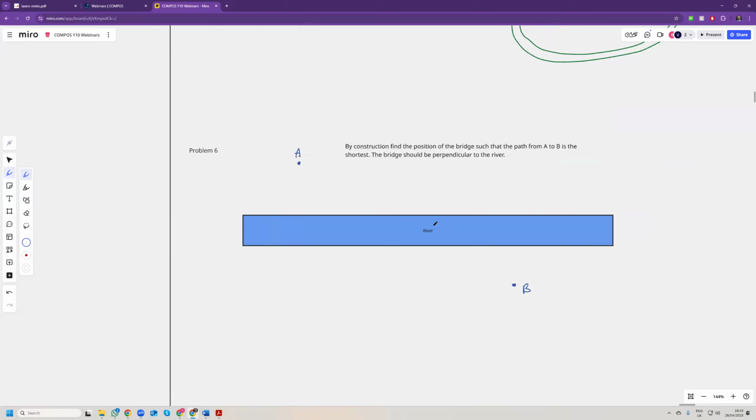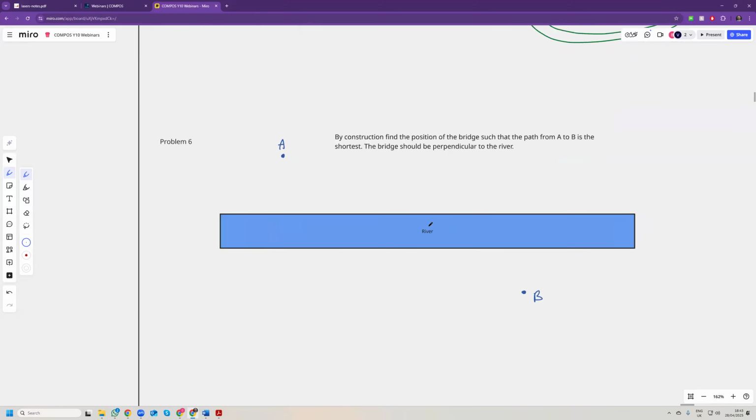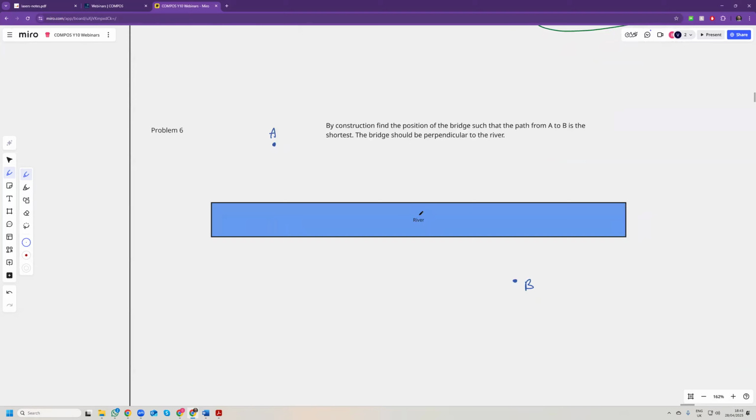Problem 6. I really like this one. So you have a river and you want to build a bridge. The bridge is perpendicular to the river, because it's very expensive to build a bridge. But you want the path from A to B to be the shortest possible, including the bridge, of course.